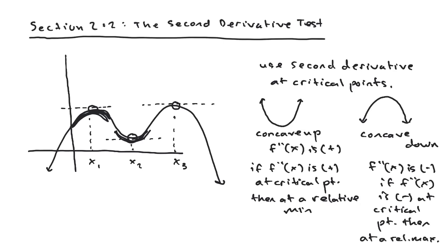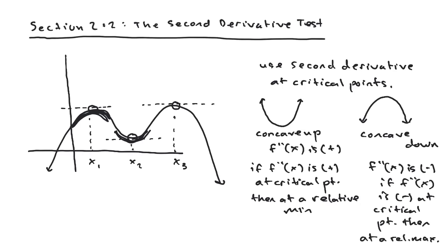This is what we call the second derivative test. We check the second derivative at the critical values, and based on whether it is positive or negative, that tells us we're at a relative max or min. Then we plug that critical value into the original f of x to figure out the y value associated with the relative max and min.